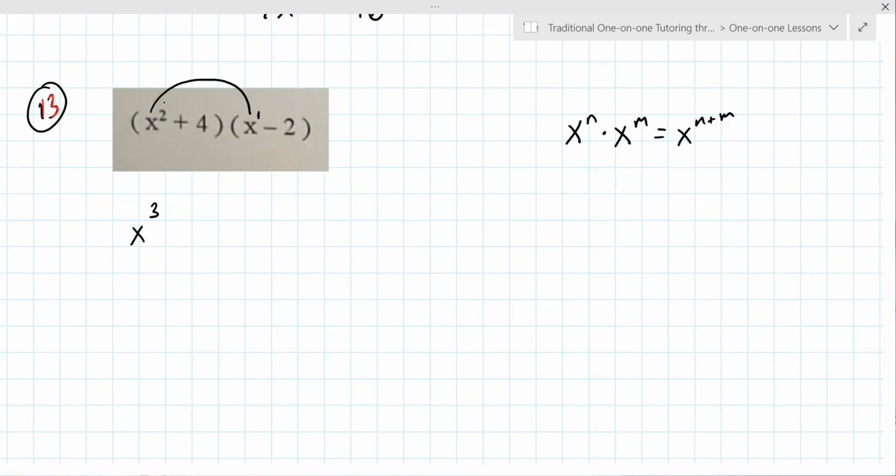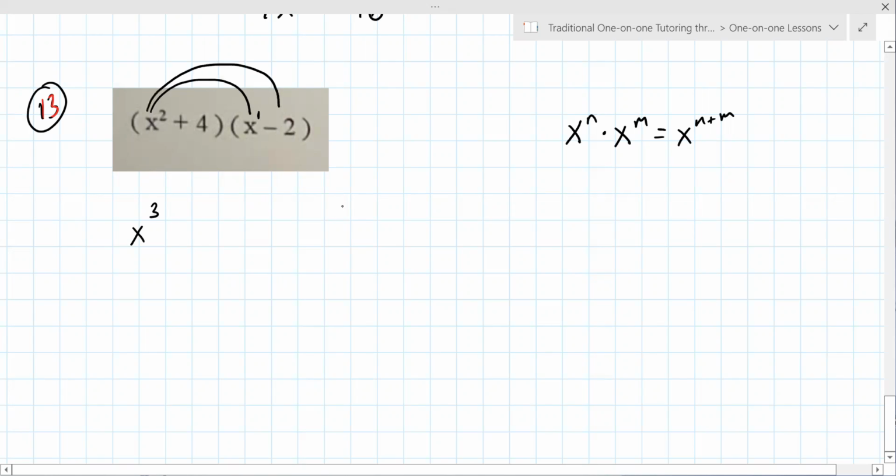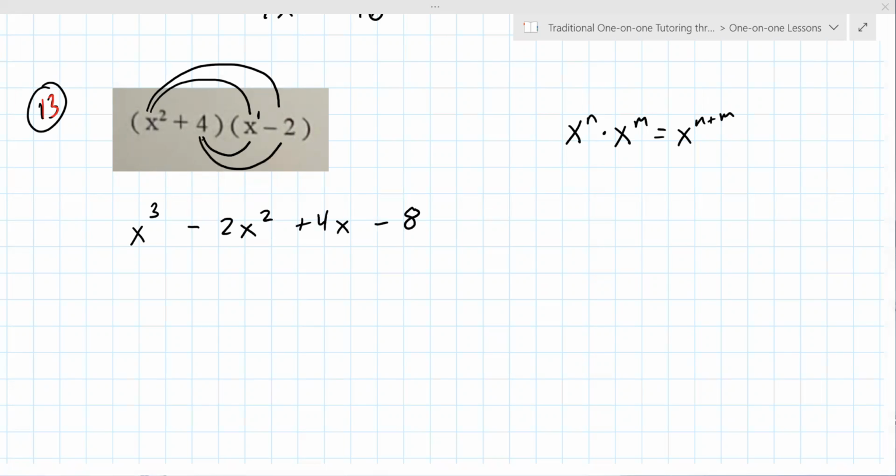Then you take the x squared times -2, and that becomes -2x squared. Then you take the 4 and multiply it by the x, that's 4x. And then the 4 multiplied by the -2, that's -8. All right, so let me know when you get caught up to this step here.